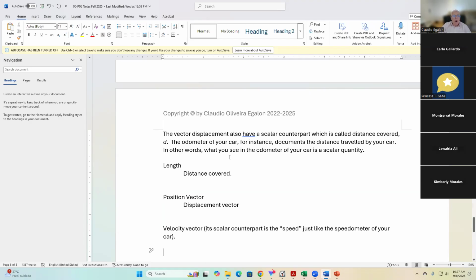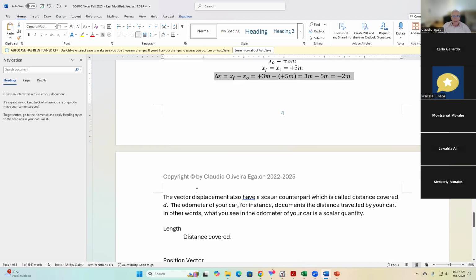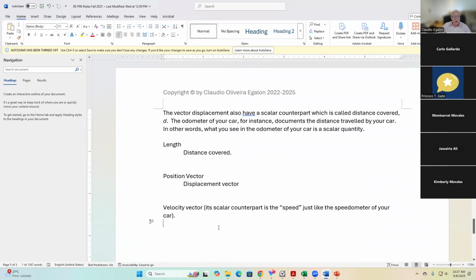So what's the definition of the vector velocity?